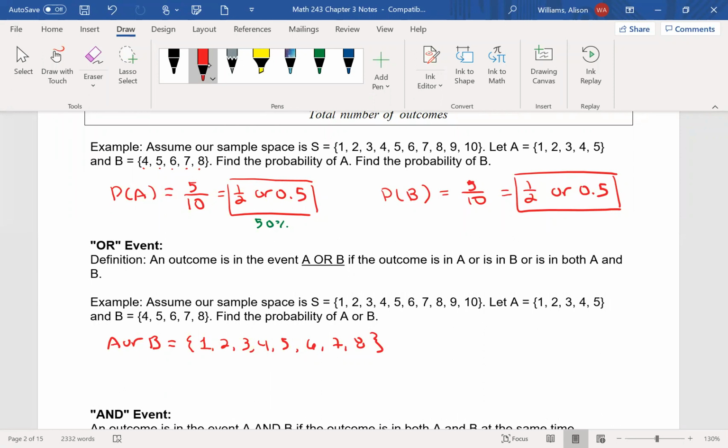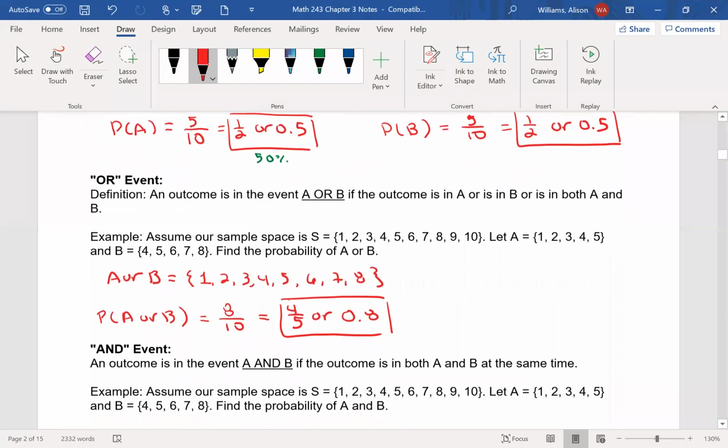It's going to count as one possible outcome. And then if I wanted to find the probability of this, I want to know that I could possibly get one of these numbers, 1 through 8, when I know I'm working with 10 total. So that would be 8 out of 10, or 4/5, or as a decimal, that's 0.8. Or if you're feeling sassy, 80%.